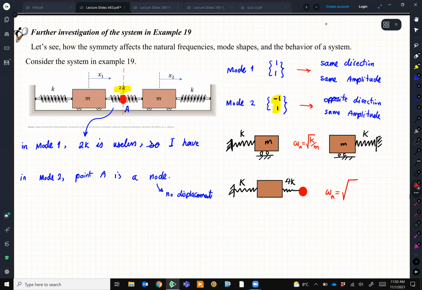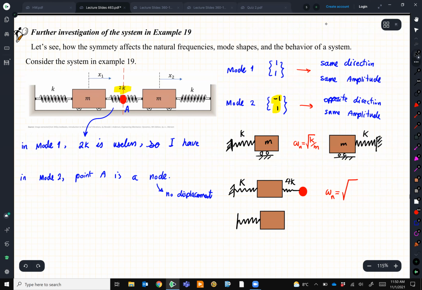Remember, series stiffness is different; parallel is when the displacement is the same.